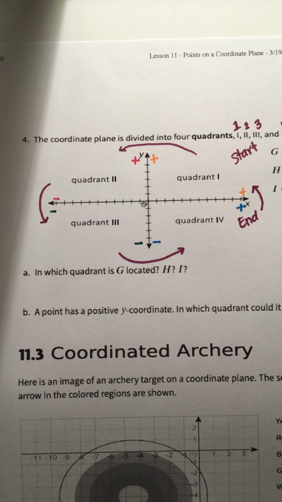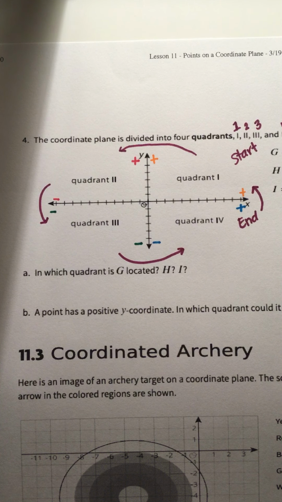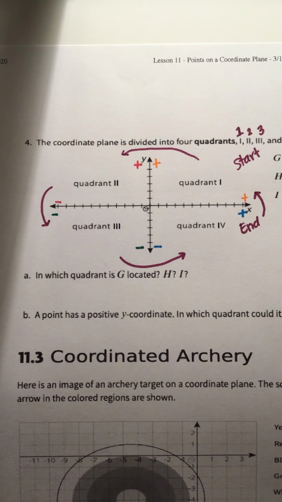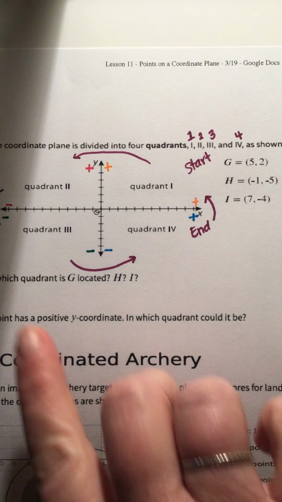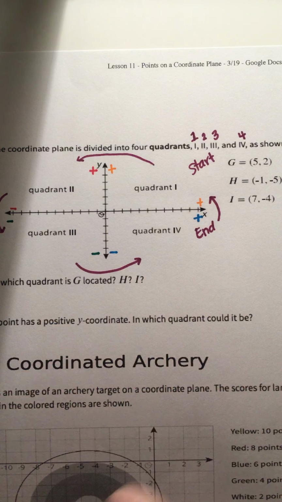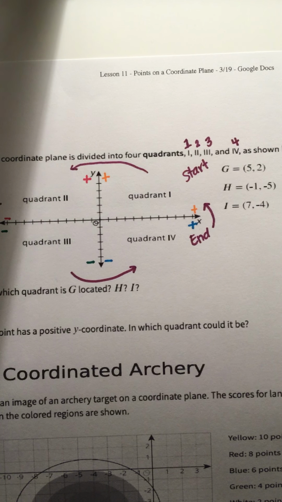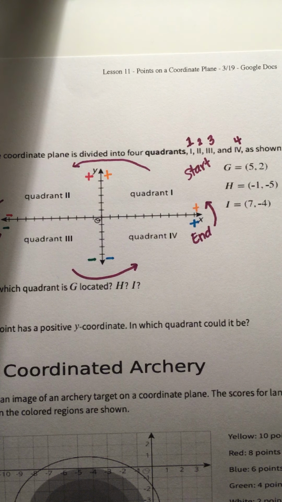And that will come in later when we get into looking at our coordinate pairs and whatnot. All right, so it says in which quadrant is G located, H located, and I located. So go ahead and take a minute and figure out which quadrants each of those are going to be in.